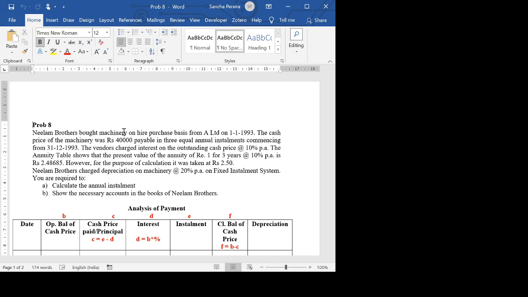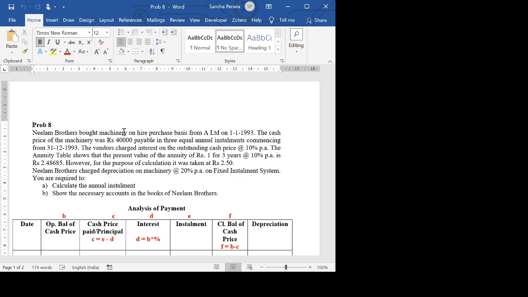The cash price of the machinery was rupees 40,000, payable in 3 equal annual installments commencing from 31st December 1993. They have not told us the installment, they have just said there are 3 equal annual installments. The vendors charged interest on the outstanding cash price at 10% per annum.